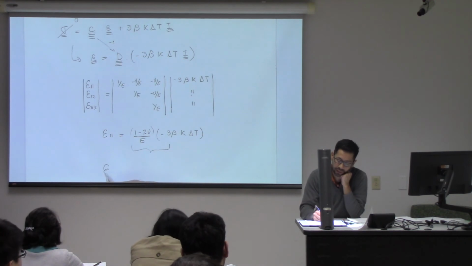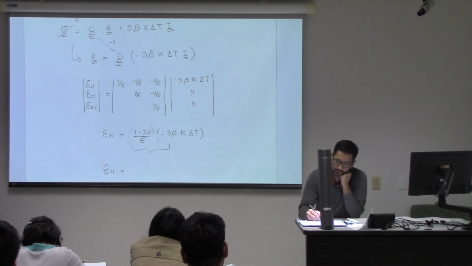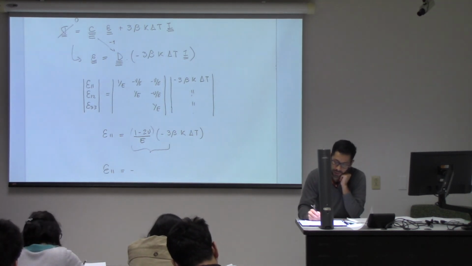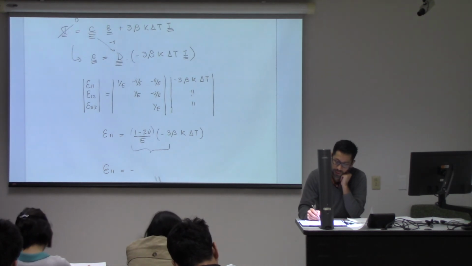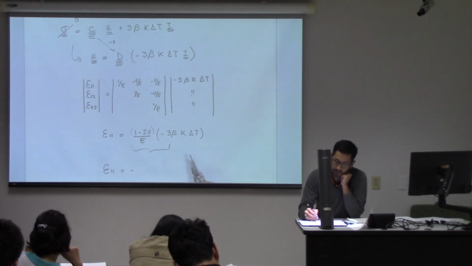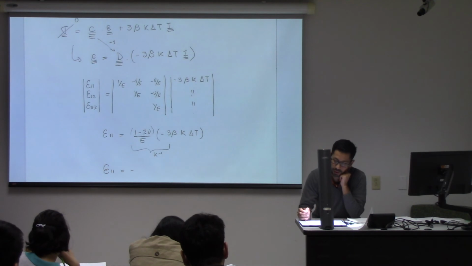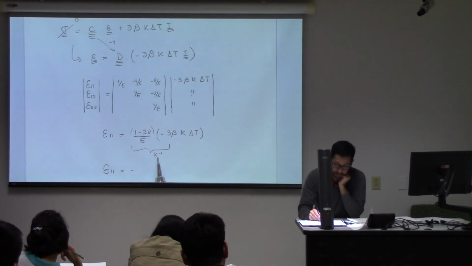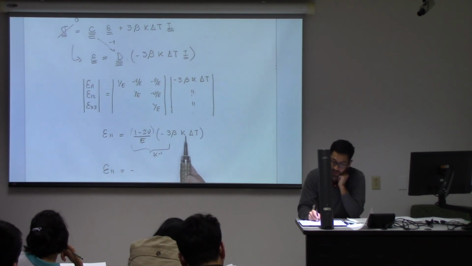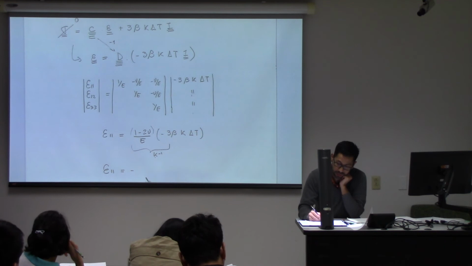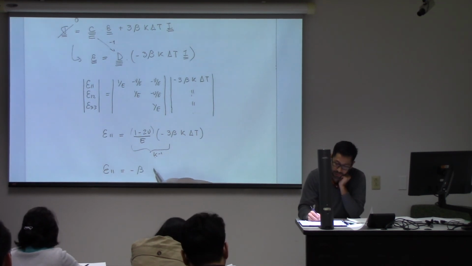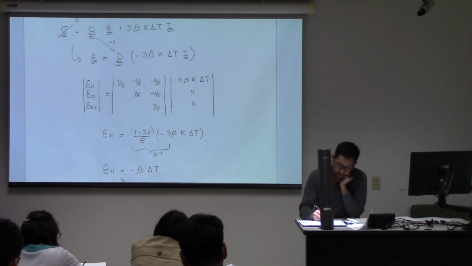So I can modify this equation and write this is going to be k^-1, and this k^-1, inverse of k times k, is going to be 1. So this is going to be minus beta delta t.